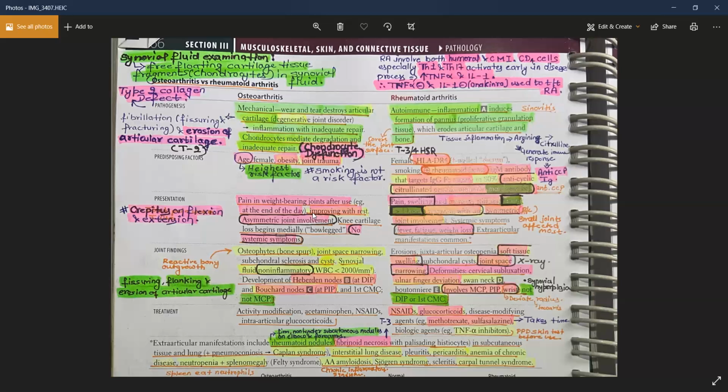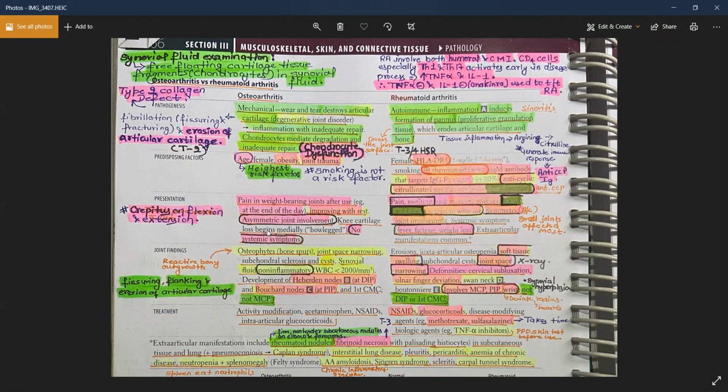But do not confuse this with the case of rheumatoid arthritis. In rheumatoid arthritis, you will have joint stiffness for more than an hour. So if prolonged stiffness is there for more than an hour, then it is rheumatoid arthritis. But in osteoarthritis, you will have stiffness for a few minutes only, right?